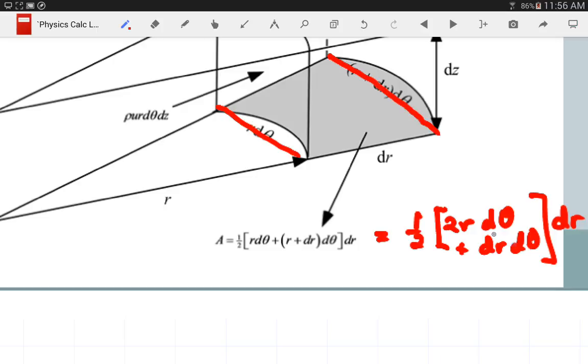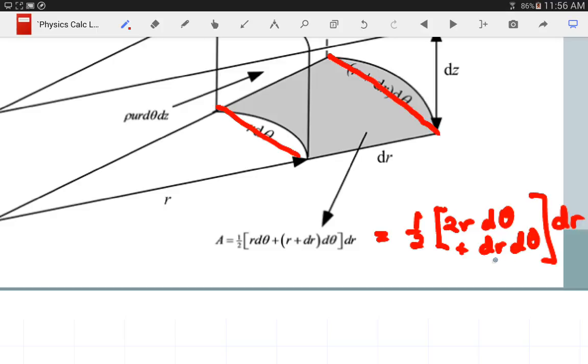How big is dr d theta compared to r d theta? r might be a centimeter. dr is infinitesimal. How would you compare the two sizes? A centimeter to 1/infinity. How do they compare?